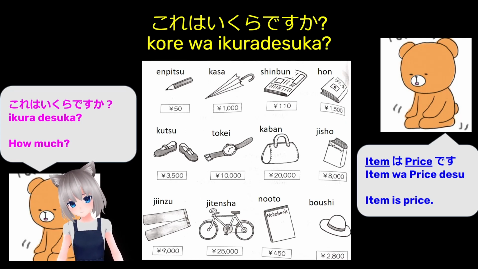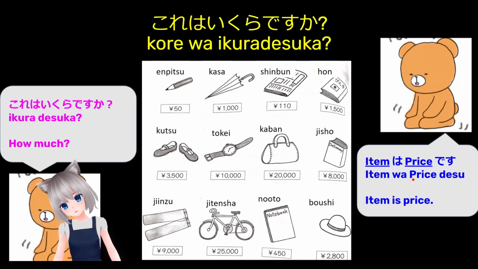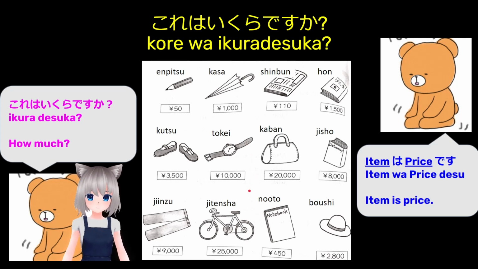本は1500円です。1000 is 1000. 500 is 500. Next one. これはいくらですか? 靴は3500円です。Next one. これはいくらですか?